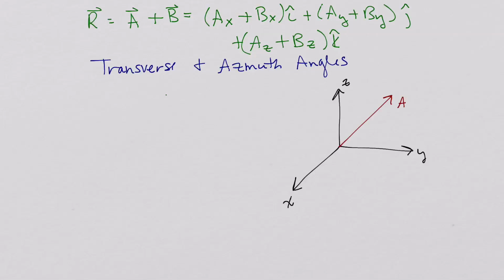And then for this, we have this angle phi. And then if we take A down to this XY axis, this is A prime now. Then we have this angle of theta.